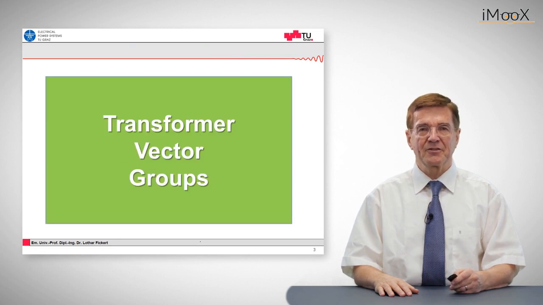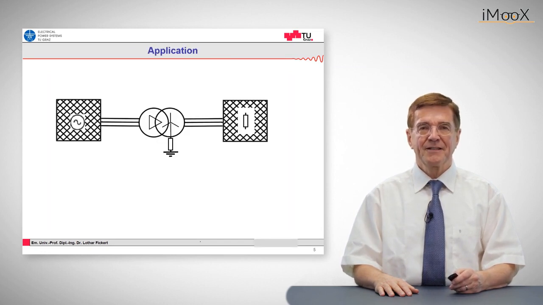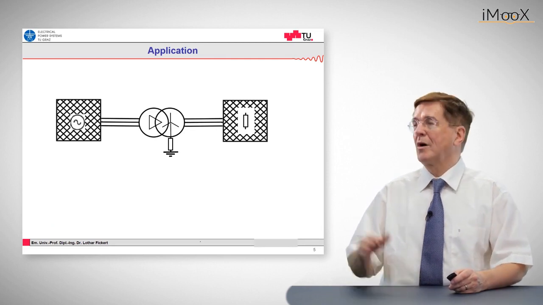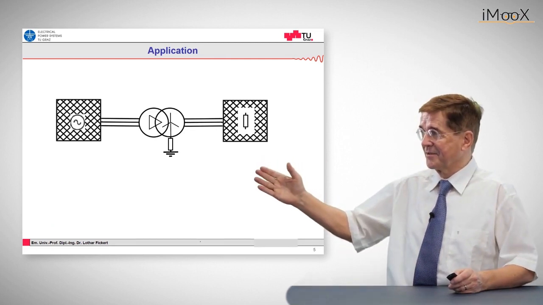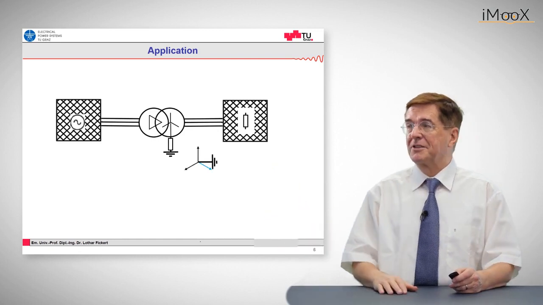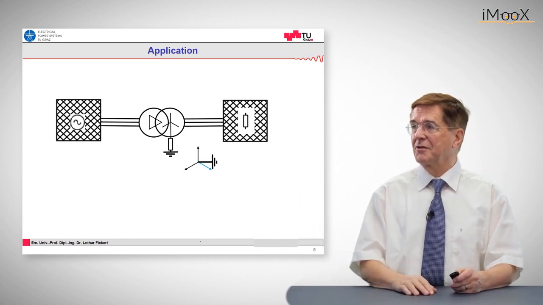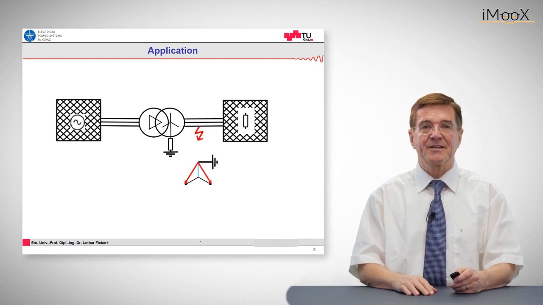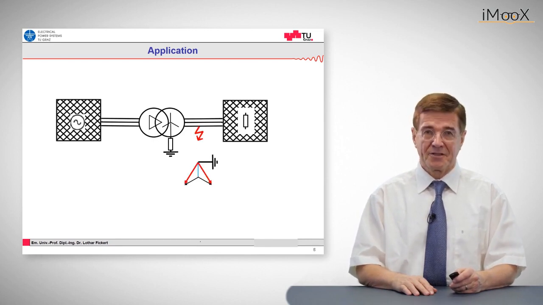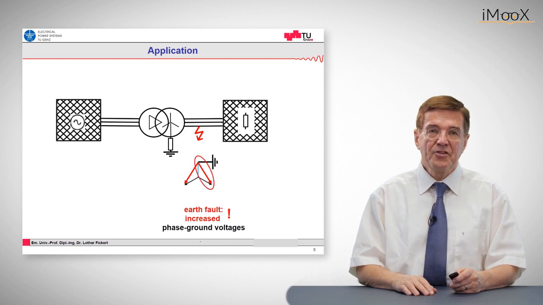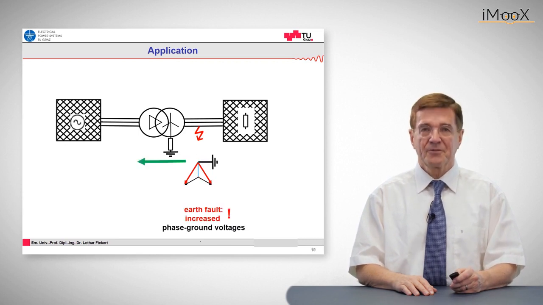So these transformer vector groups are motivated by the fact that earth faults on one side of the system, in this case on the right side, which change the voltage from regular voltage into elevated voltages on the secondary side, should not be transferred to the primary side.